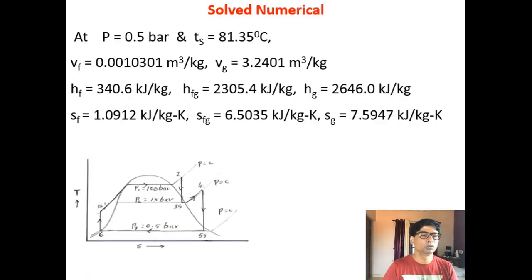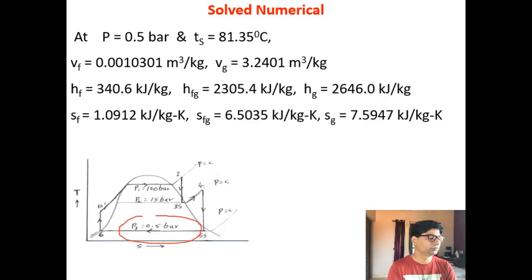Now come to 0.5 bar, that is the condenser pressure here. Let me read the values.